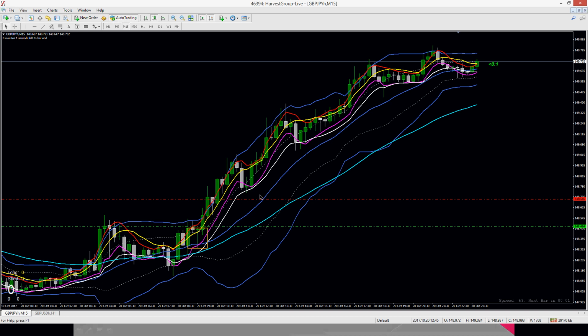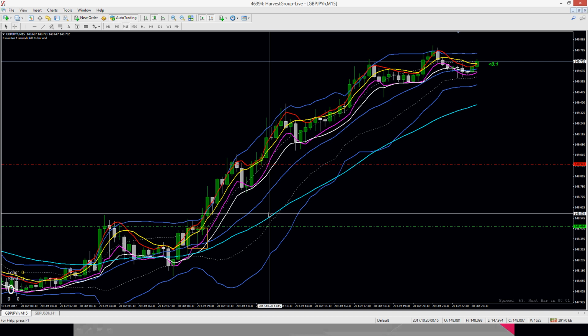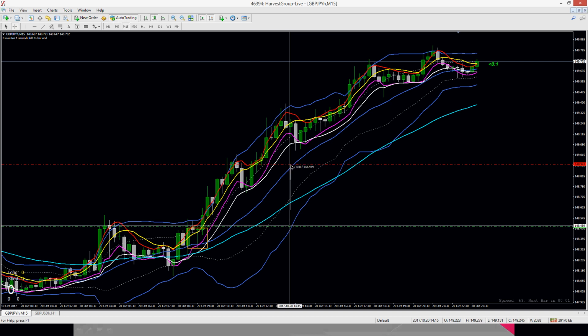So if after a few hours you see there's another re-entry, as soon as there's another re-entry, you can move your SL plus to another level. So now you're achieving about 45 pips.